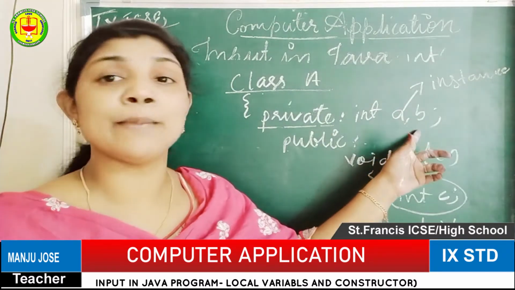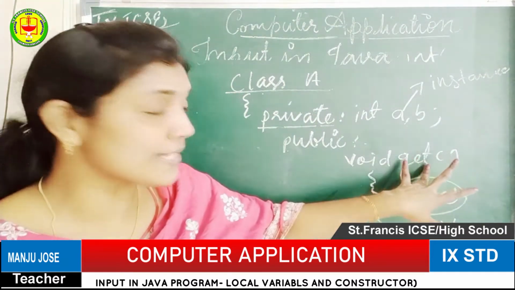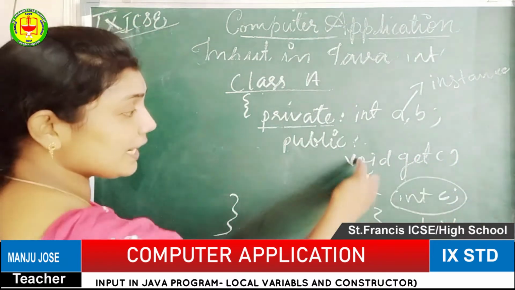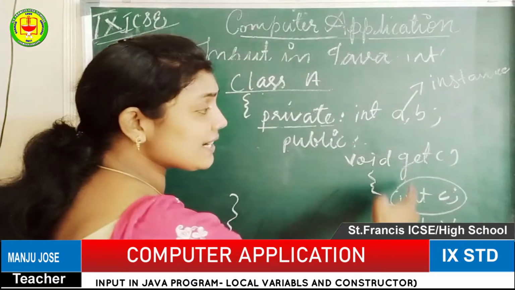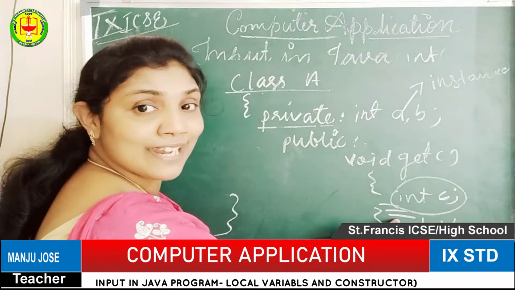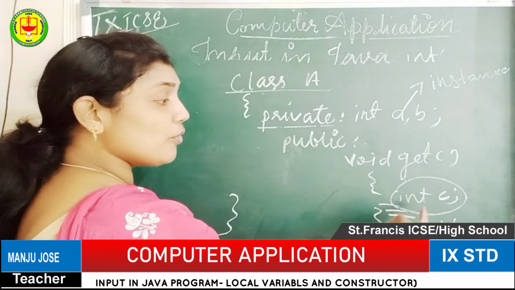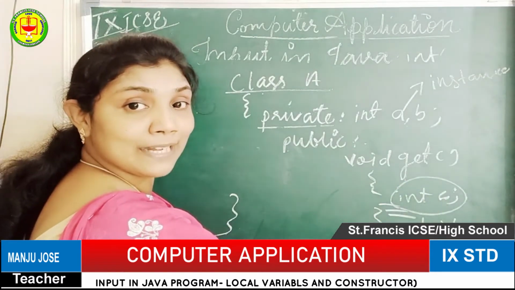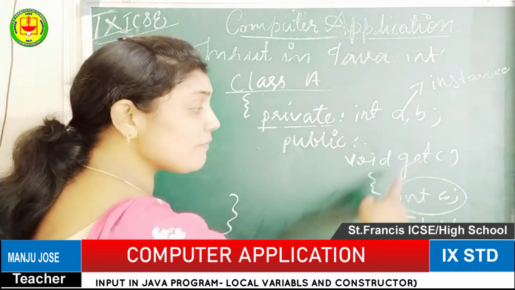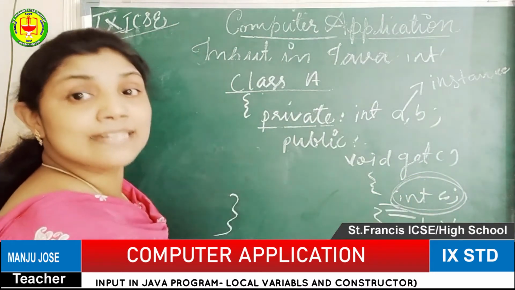But this C we can access only inside the get function. Here we have closed the get function. In between, the executable statements we write inside the get function, this int C belongs only to those statements, and when the member function is closed, the access permission of int C stops.